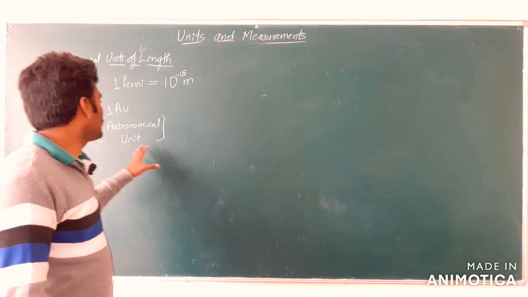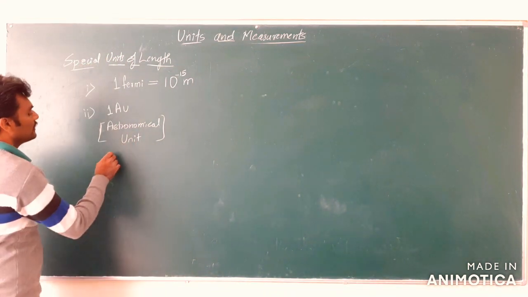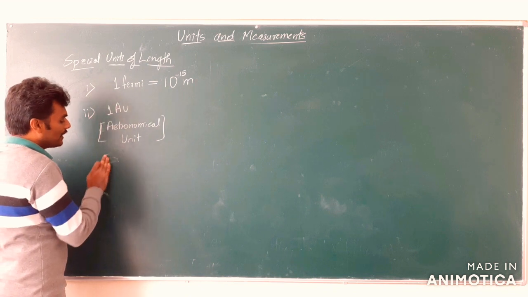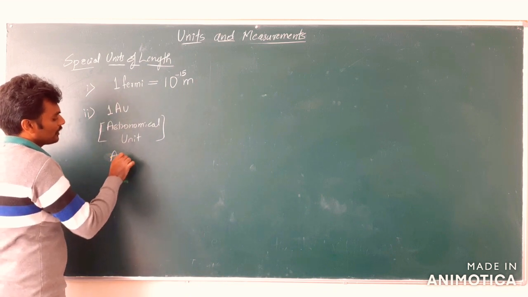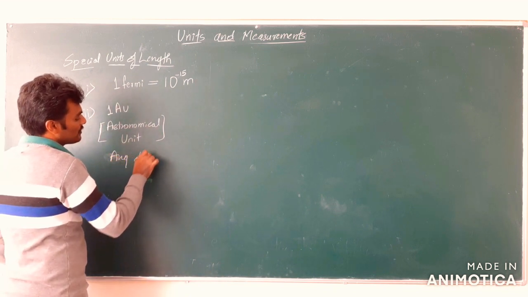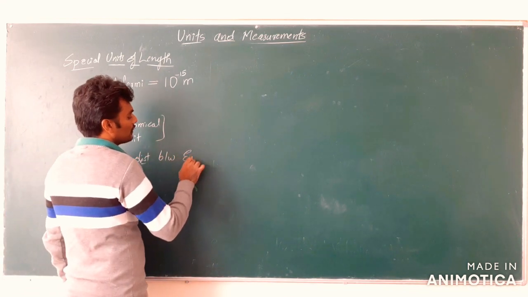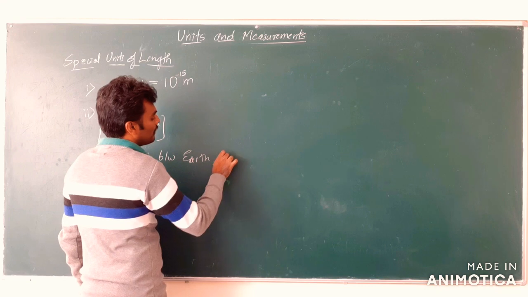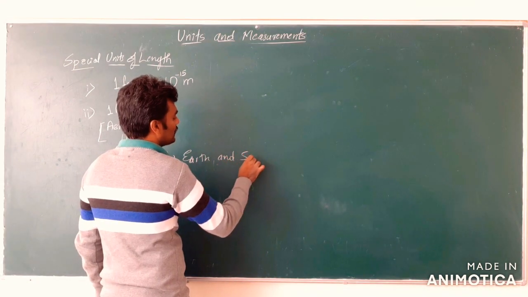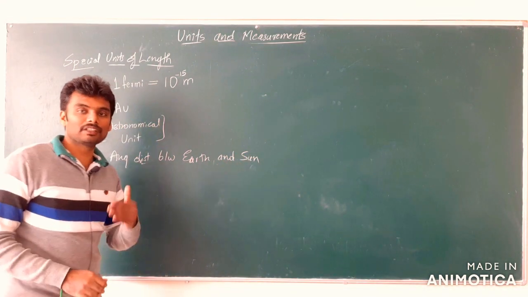This astronomical unit is the average distance between Earth and Sun.